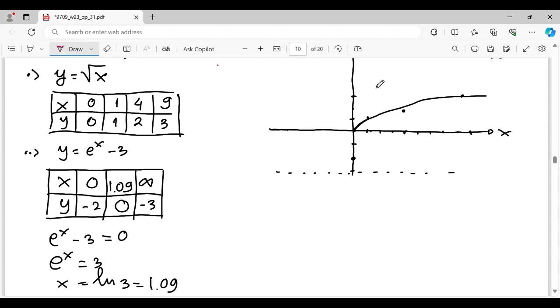That's the graph of y equals e power x minus 3. Meanwhile, this graph is the graph of y equals square root x.